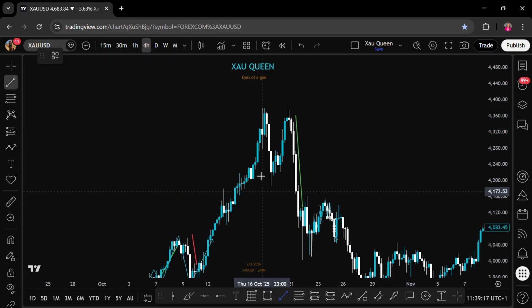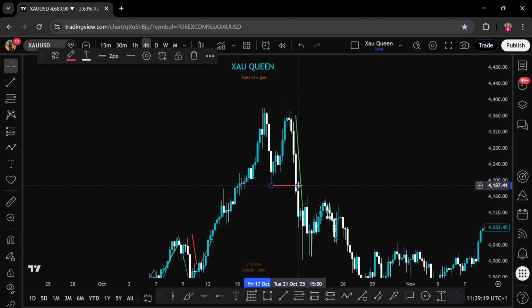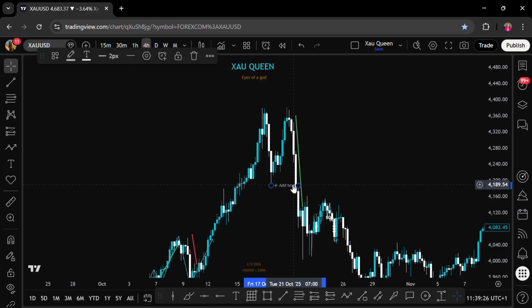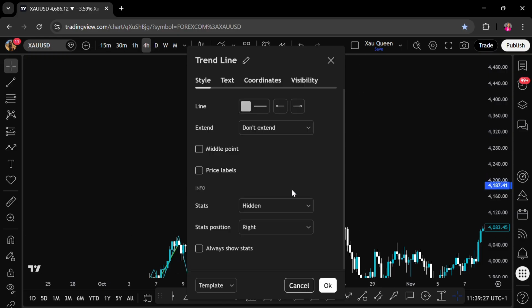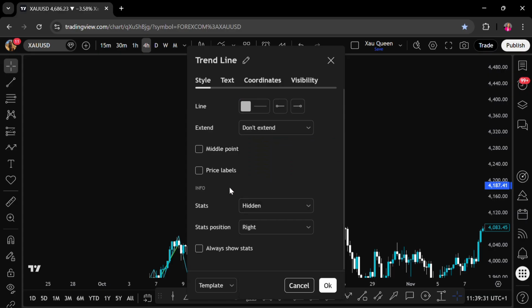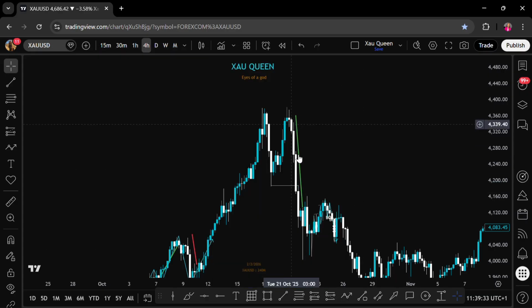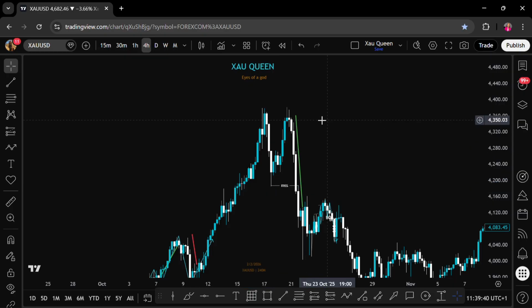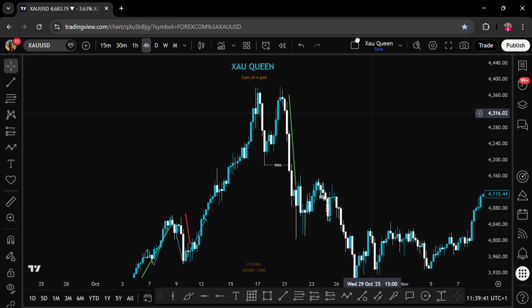This was our MSS, of course, or a change of character. All right, so this was our MSS right here, and this was the impulse move.